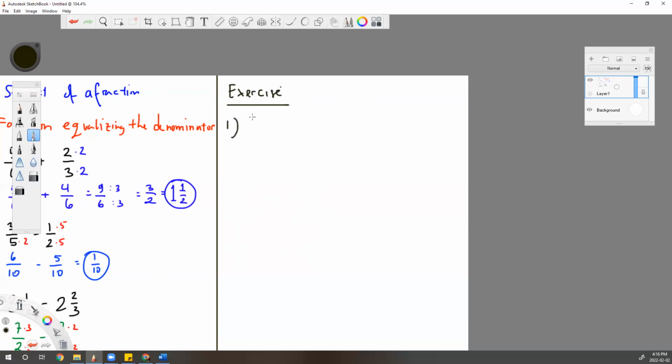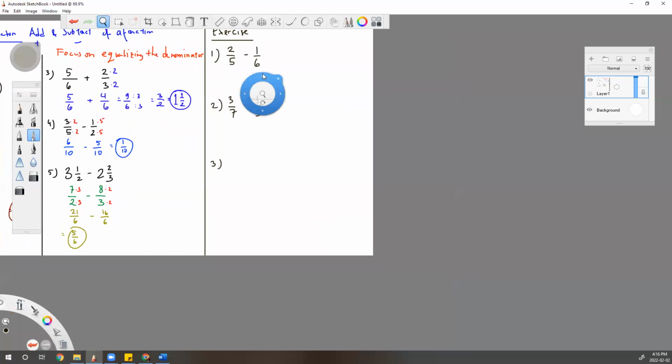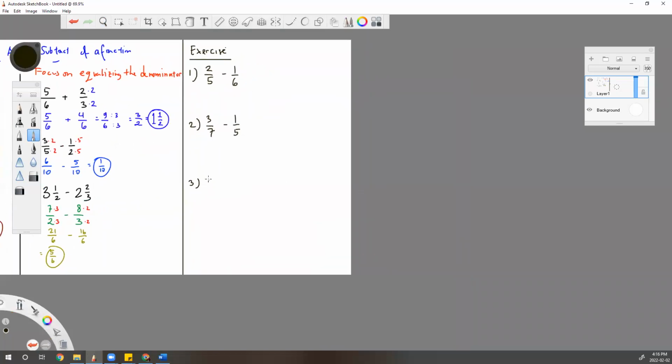Number 1, 2 over 5 subtract 1 over 6. Number 2, 3 over 7 subtract 1 over 5. Number 3, 2 and 1/2 subtract 1 and 3/4.